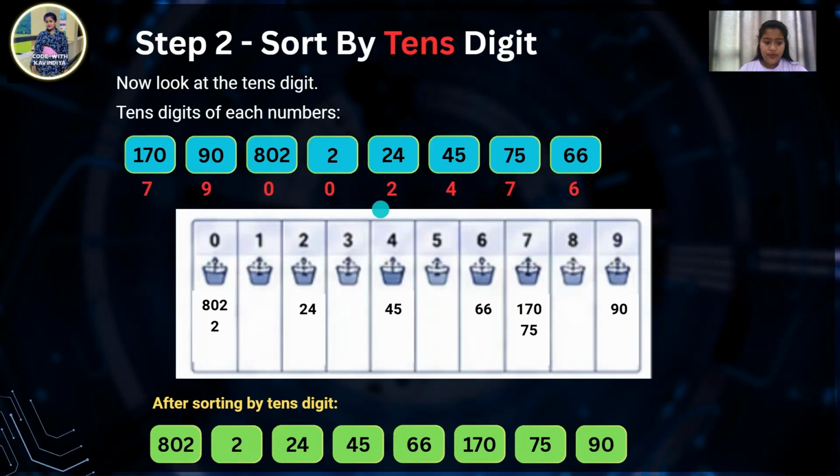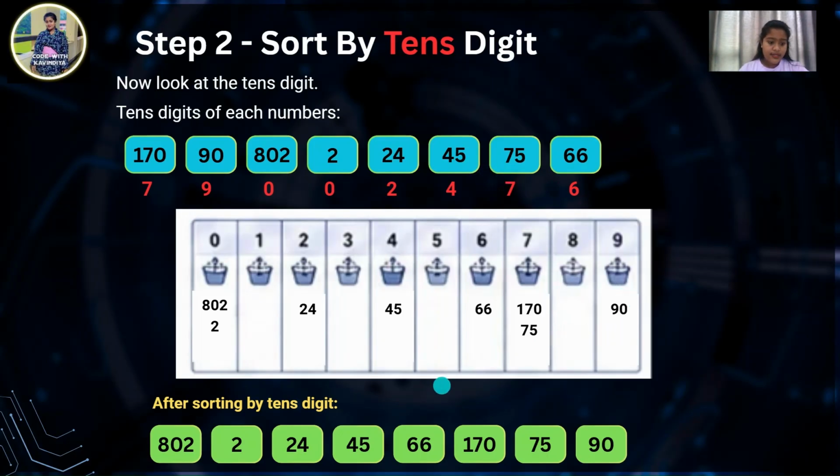It goes to bucket 4. 66 has 6. It goes to bucket 6. And 170 and 75 have 7. Those go to bucket 7. 90 has 9. It goes to bucket 9.